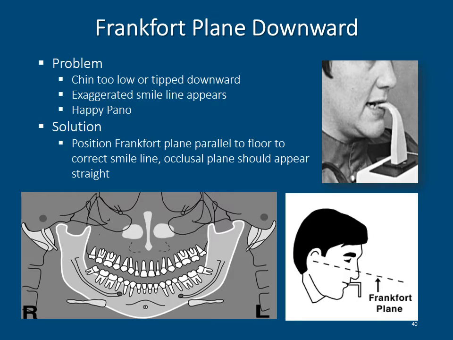This, again, is caused because of the angulation of the panoramic machine. It is at a 10-degree negative, which will encourage more of a smile line. So the chin being too low or tipped downward will create an exaggerated smile line, and we will compare the two images or the two placements in the next slide.